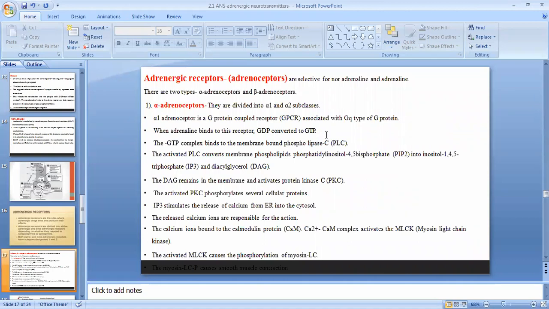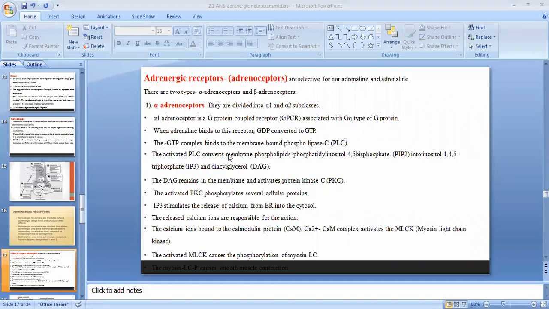The GTP complex binds to the membrane bound phospholipase and activates PLC, which will convert the membrane phospholipid phosphatidyl inositol 4,5 biphosphate into inositol 1,4,5 triphosphate and diacylglycerol.